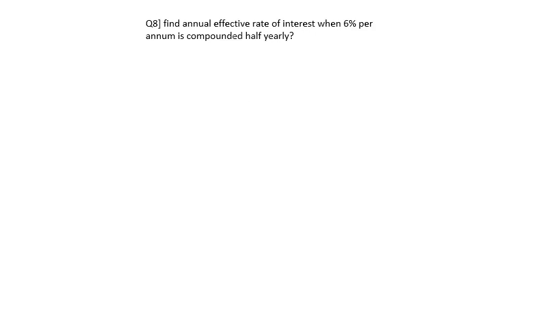Okay, now this is again a simple one. Find the annual effective rate of interest when 6% per annum is compounded half yearly. For half a year the interest rate will be how much? 3%.